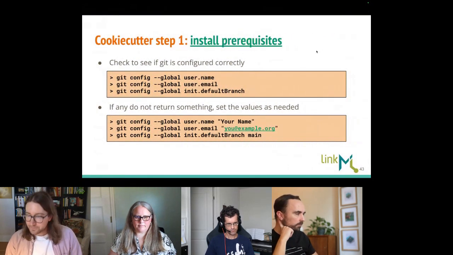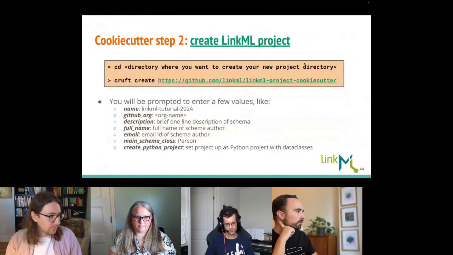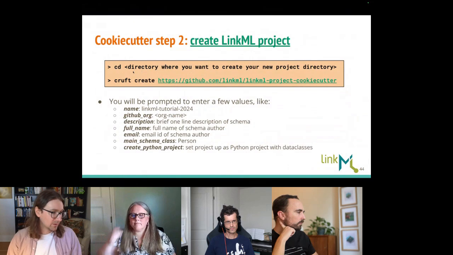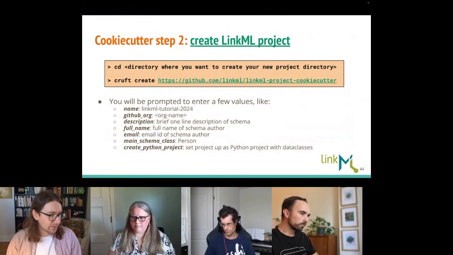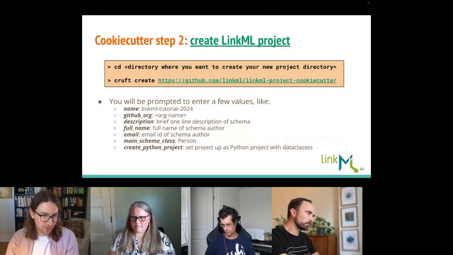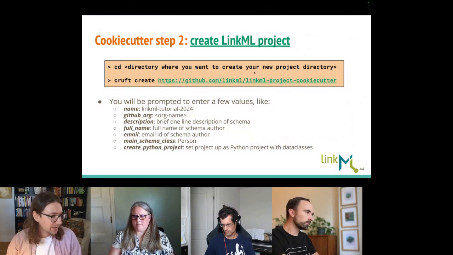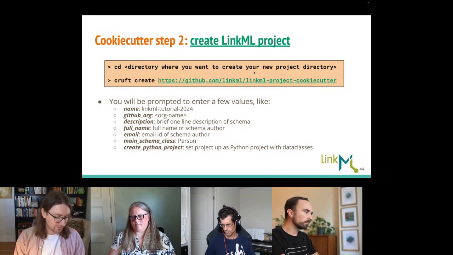Okay. And moving on. Finally, this is where we're going to start setting up our project. We'll start from the directory where we want our new project directory to live.